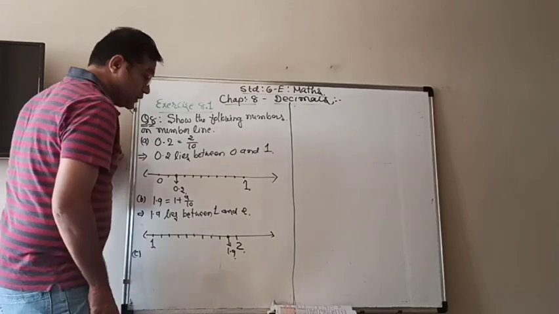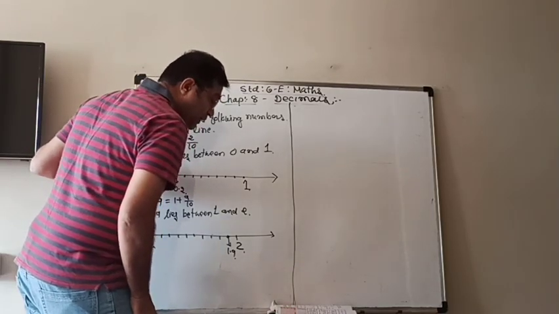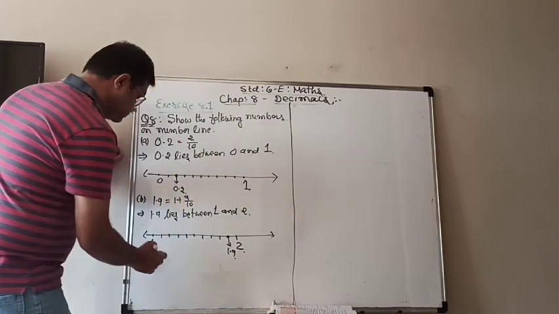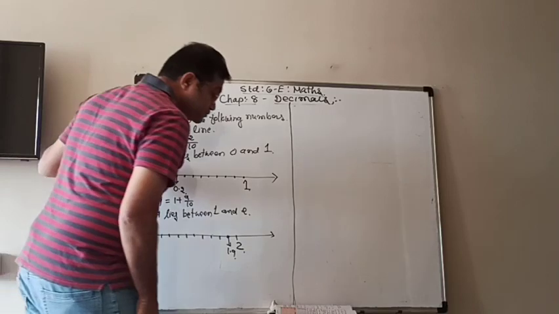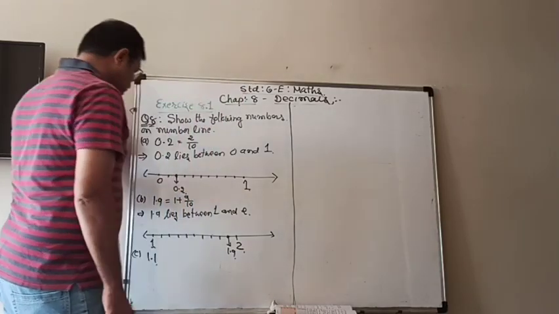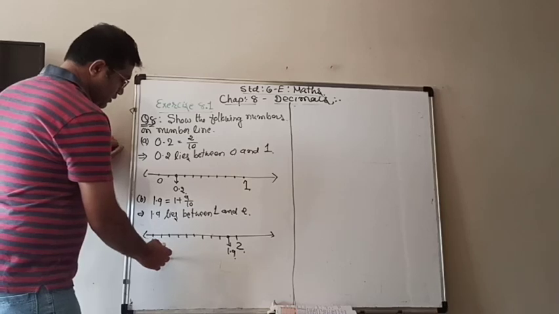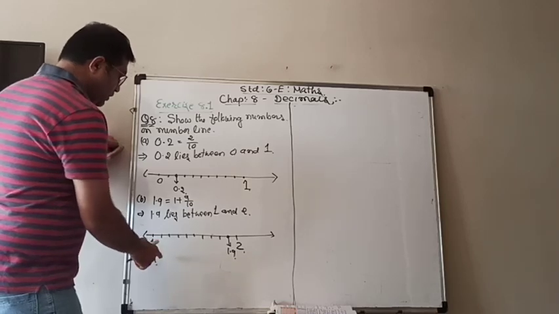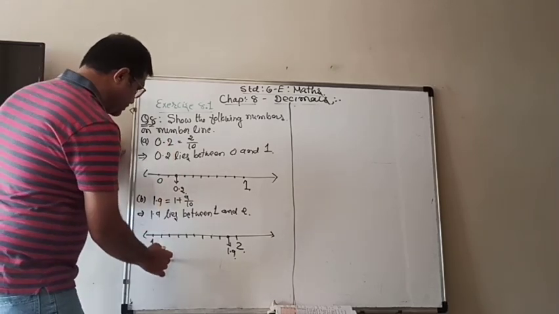C. The third number is 1.1. Now 1.1 we can represent on the upper one also, but we will do it on the other one.